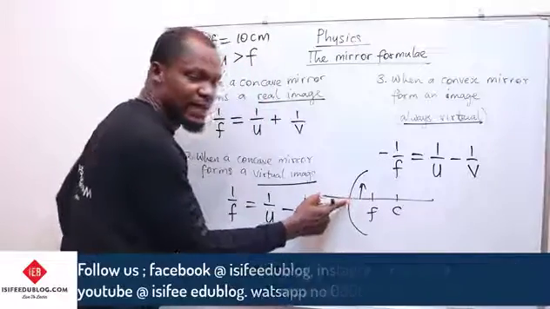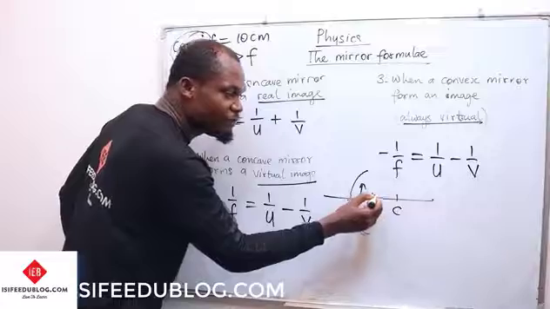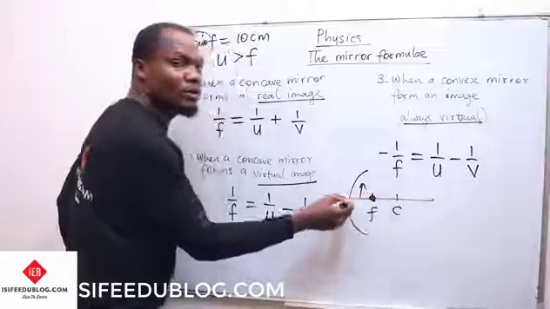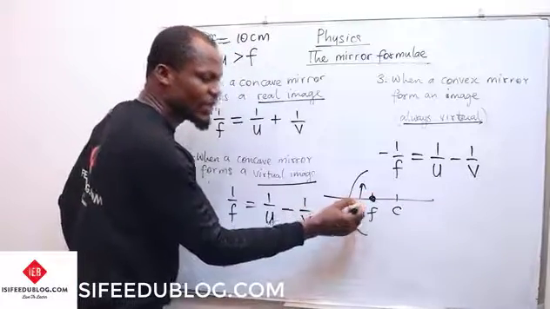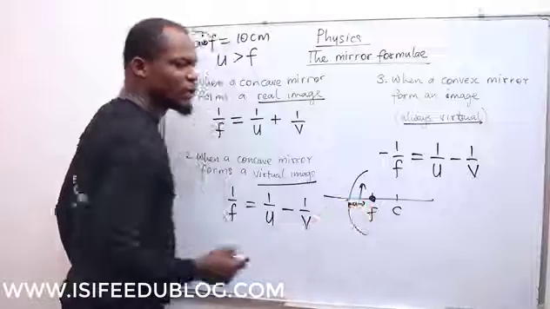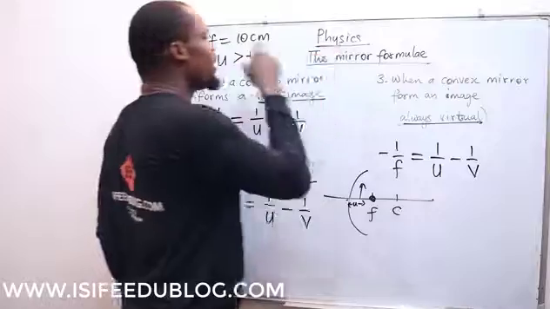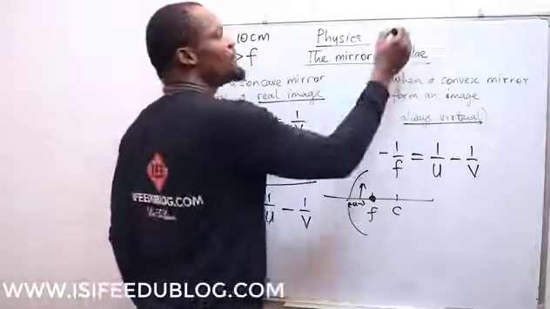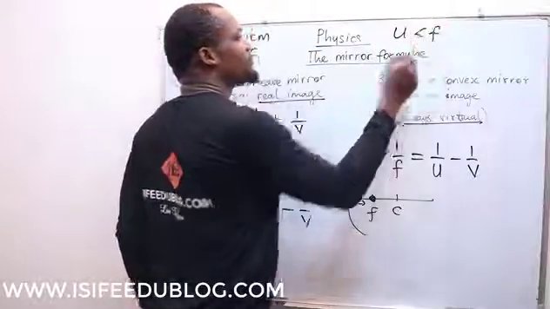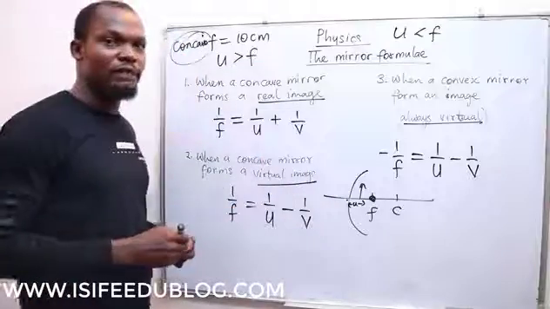And you can see that here, the focal length is now more than the object distance. This is the object distance. And hence, for a concave mirror, whenever U is less than F, the image formed must be virtual.